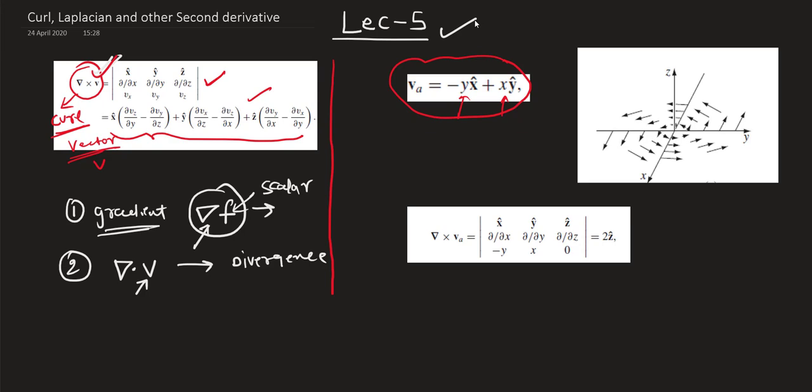Okay, and when you draw this vector on the xy plane, you will get this vector field. This vector field simply means when you draw all the vectors at all the points in the xy plane, you will be getting this kind of vectors in the xy plane.